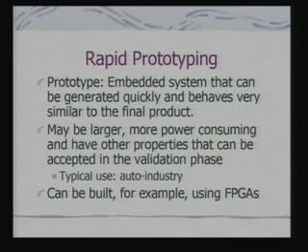We may have a system which is more power consuming and have other properties that can be accepted in the validation phase. In fact, typically, in the auto industry, the practiced way to validate the design of an embedded system targeted for the auto industry is to build prototypes. Okay? The prototypes may not exactly fit into all your engineering aspects of the design.